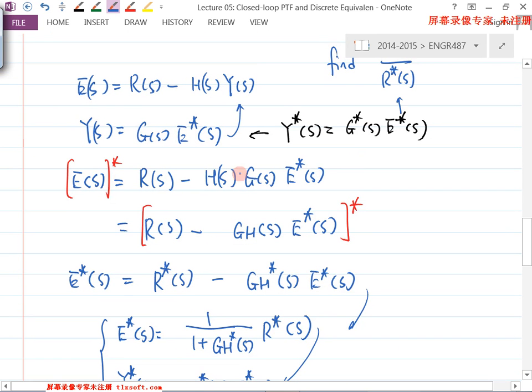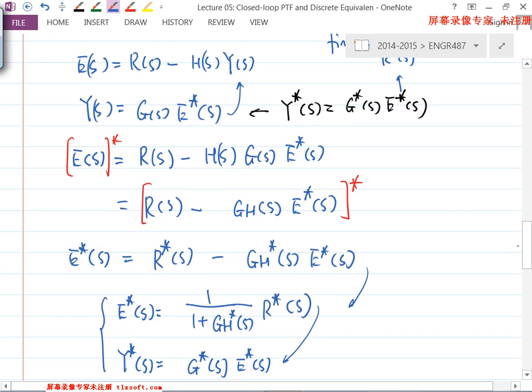But the reason I'm putting these two together, from this step to this step, is because the next step I'm trying to take is the star operation of the E star here, on both sides of this equation. If you have, let's say, A1(s), A2(s), and A3(s), when you take the star operation, you don't get this, this, and this.